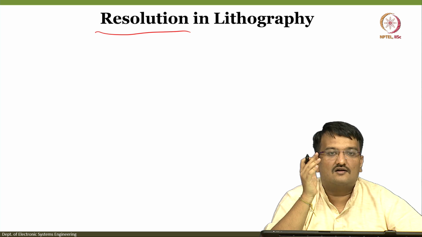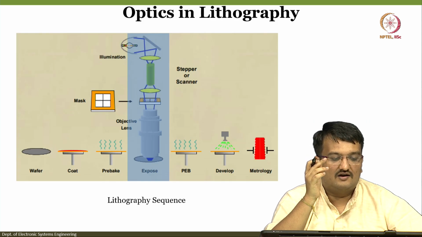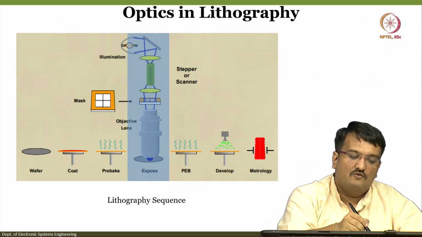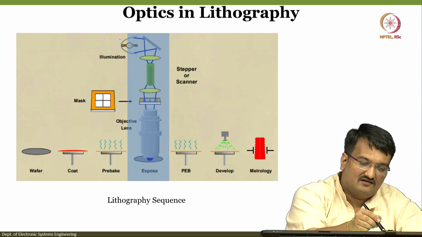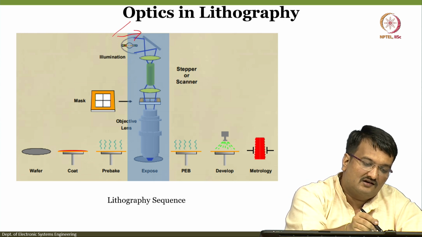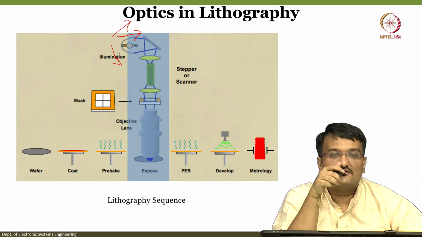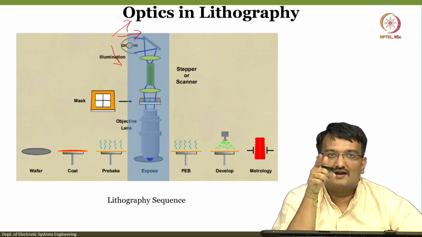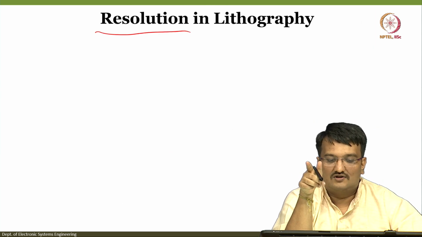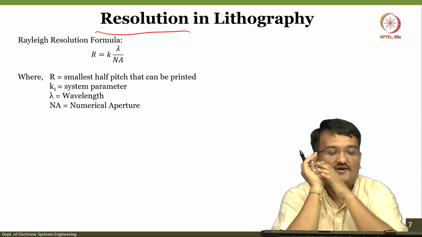I have shown earlier that we are illuminating here, right? So how you are illuminating this source, whether from this direction, or inclined, or from this side, we can control that. Based on that, it will decide what your k value is. Again, when I come to that, I will show you that particular thing. That is your system parameter.